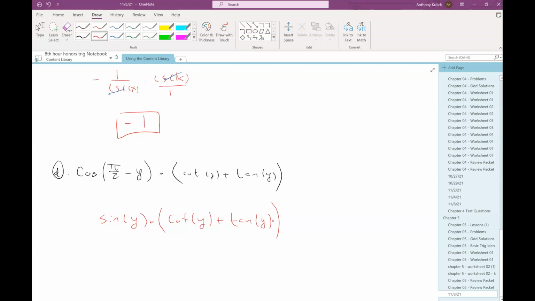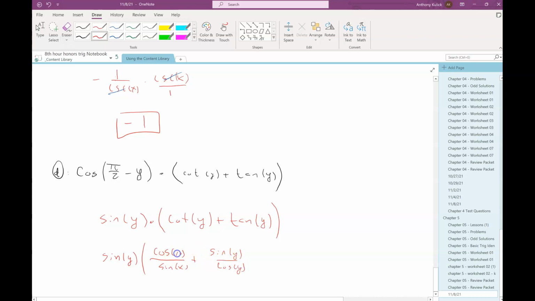Anybody with an idea here? If we're stuck, not a bad thing to do is just to rewrite everything in terms of sine and cosine. So if I do that, I'm going to rewrite cotangent as cosine over sine, and rewrite tangent as sine over cosine.